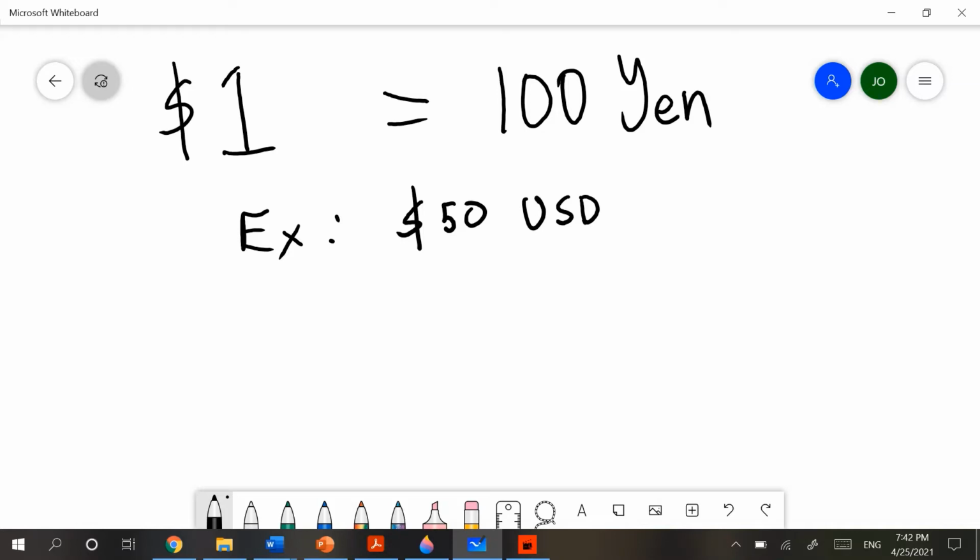So, if I want to know how much $50 is in terms of yen, all I would need to do is multiply $50 times 100. Therefore, I would require 5,000 yen in order to get $50.